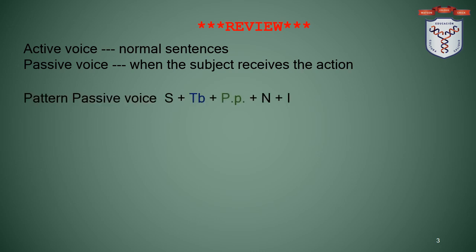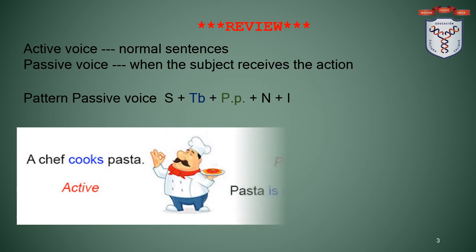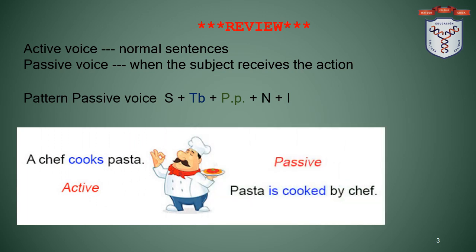What is the grammar structure of the passive voice? The grammar structure of the passive voice is subject plus the verb to be plus the verb in past participle, the noun, and the information.